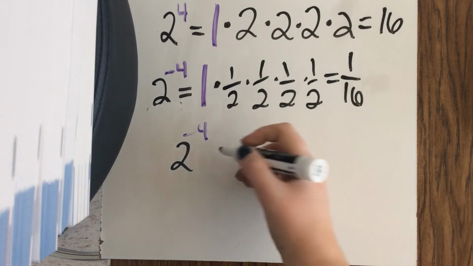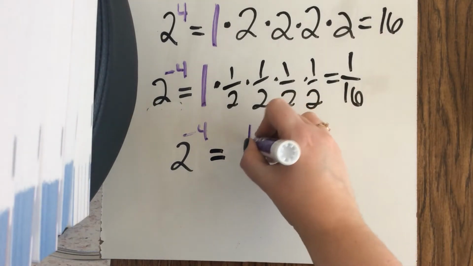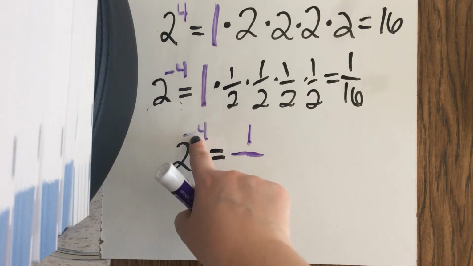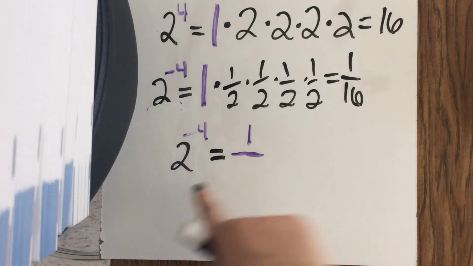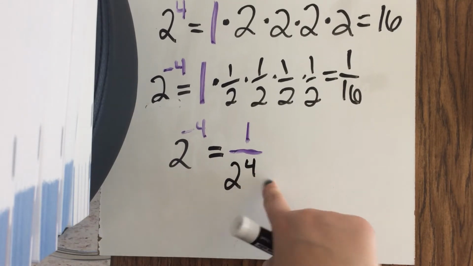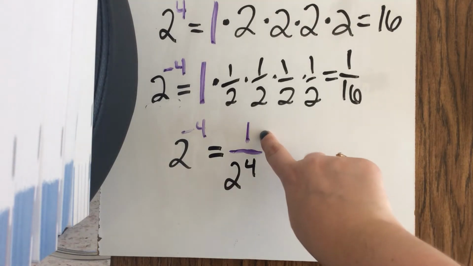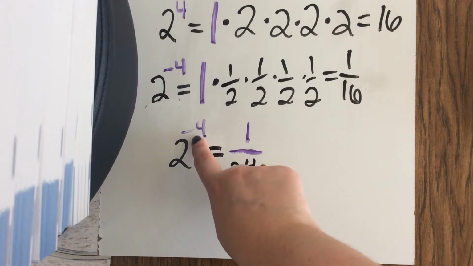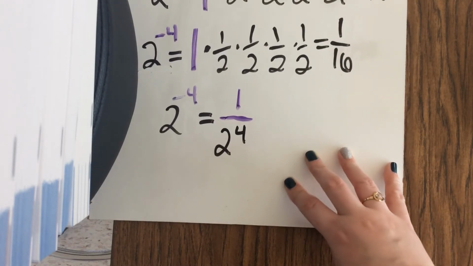So I'm going to do equals 1 over, and when we say 1 over, we're getting rid of this negative. So we're doing 1 over 2 to the 4th, a positive 4th. Okay, so by putting this 1 over, we are taking away the negative exponent. So we have 1 over a positive 2 to the 4th.